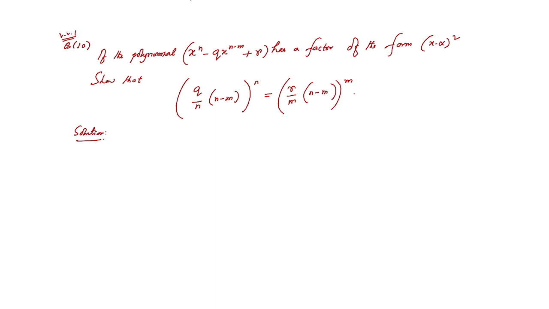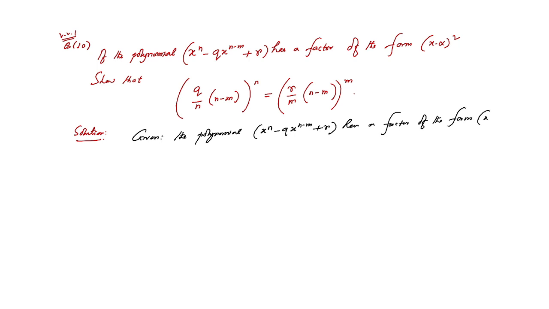So we will solve this problem now. Here it is given the polynomial has a factor. So what is given in the question paper? The given information is the polynomial x to the power n minus q x to the power n minus m plus r has a factor of the form (x minus alpha) whole square. So what exactly does that mean?